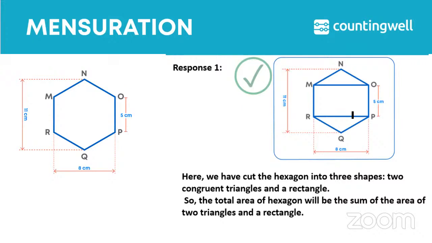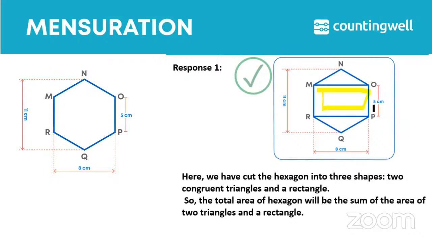So in response 1, a student has split it into a rectangle MOPR and two triangles NMO and RQP. And the dimensions are, you can see, the distance between the vertices N and Q is 11 centimeter.